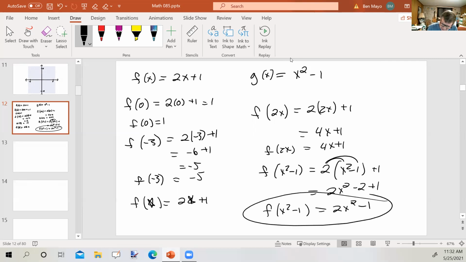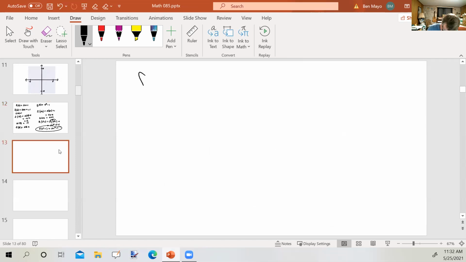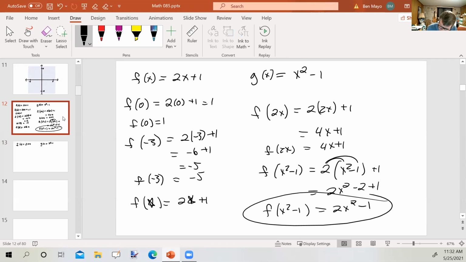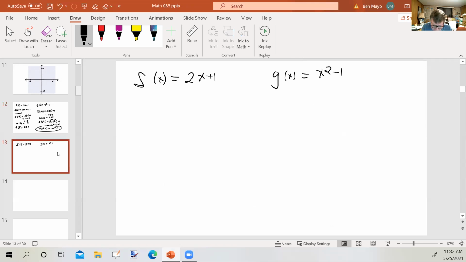Well, let's go back and revisit these two functions. f of x equals 2x plus 1, and g of x equals x squared minus 1. We're going to look at something called composition of functions. Composition is an operation, kind of like multiplication, division, addition, subtraction, okay? And composition looks like this.